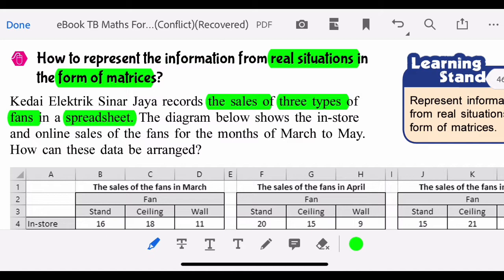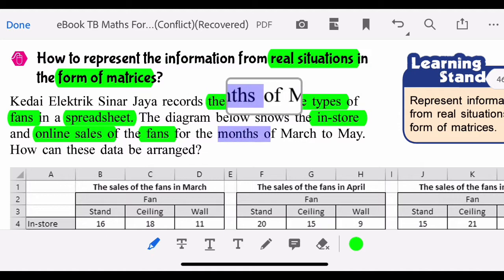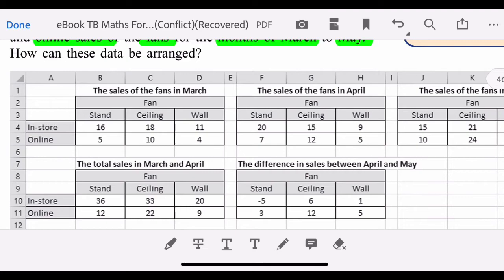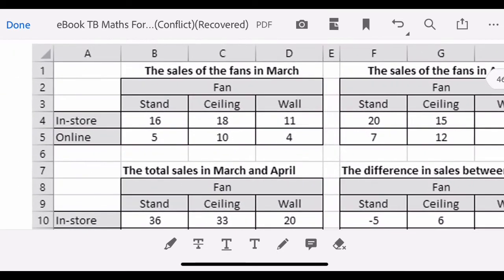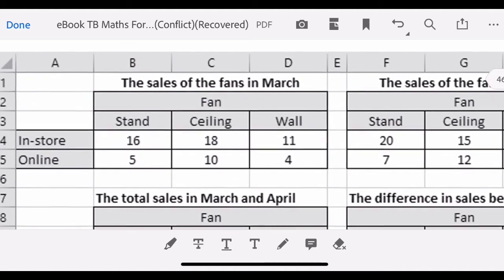Spreadsheet is just like Excel. Okay, the diagram below shows the in-store and online sales of the fans for the months of March to May. Okay, so everyone starts to buy online. We have Shopee, right? We have many types of online business, right?